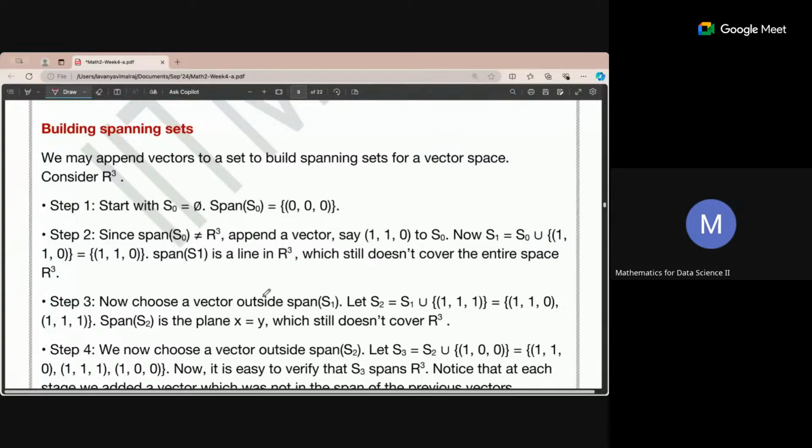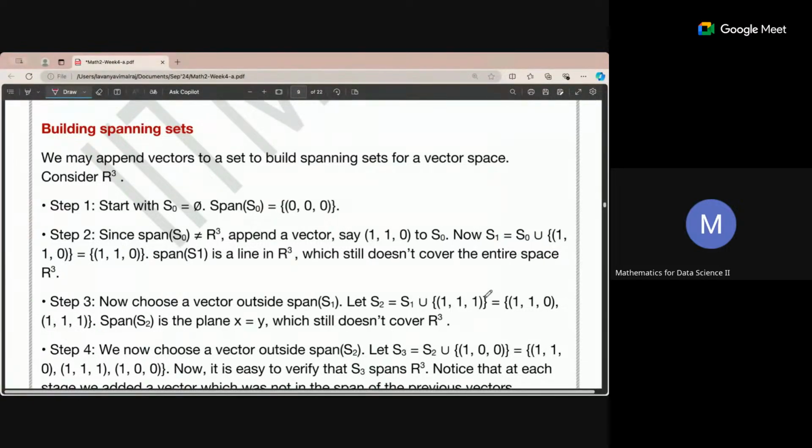Now we have to choose another vector outside the span of S1. It should not be a multiple of the vector (1, 1, 0). So you take any vector which is not a multiple of (1, 1, 0) and include it in the set S2. Now the vector (1, 1, 1) is a random non-zero vector outside the span of S1.